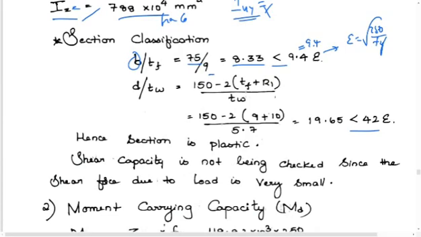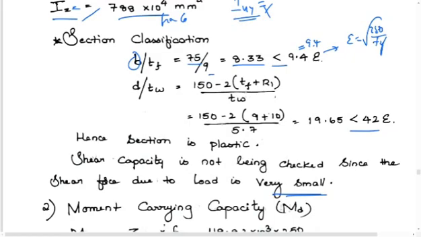Since the shear capacity is not being checked, the shear force due to load is very small. We have discussed this in the previous case. Generally, purlins are subjected to very small shear forces.